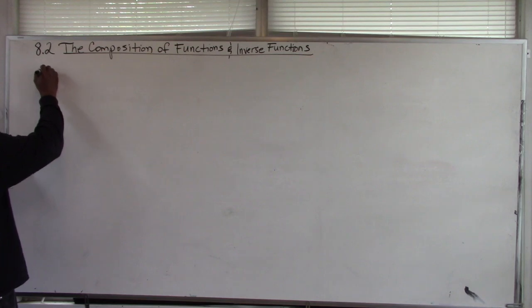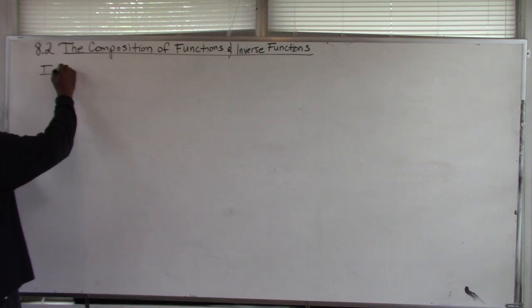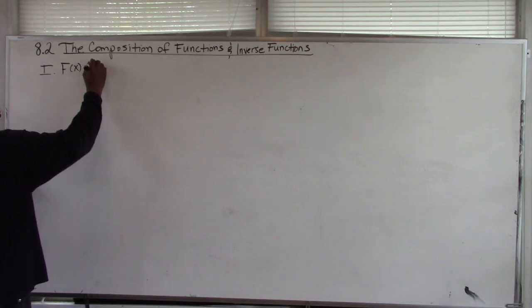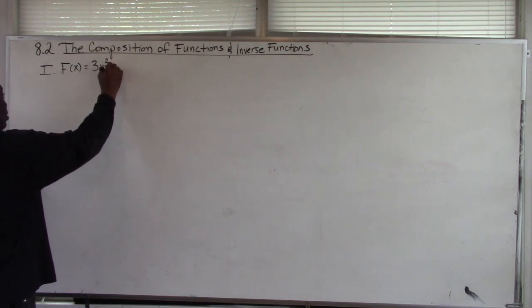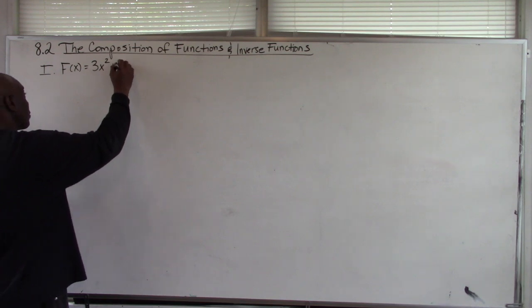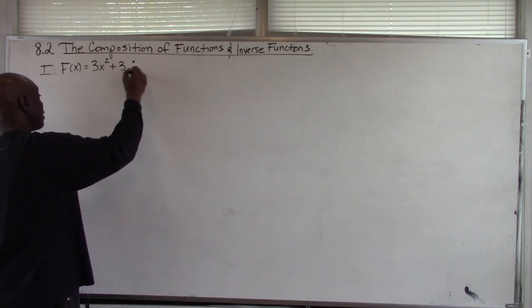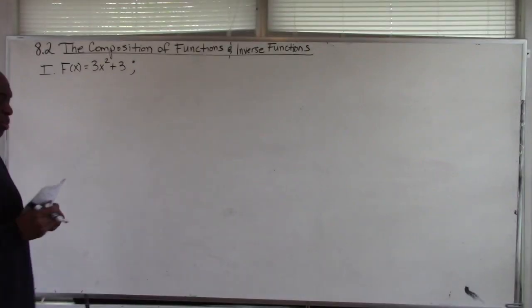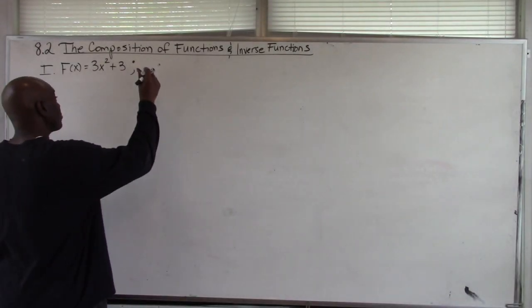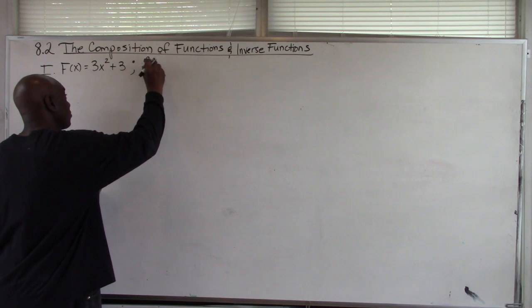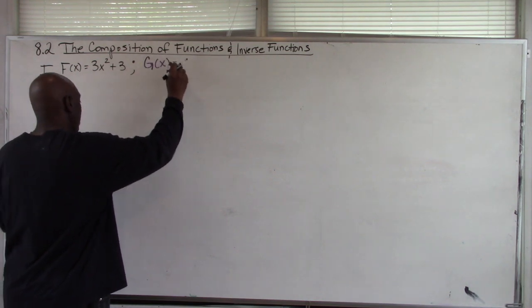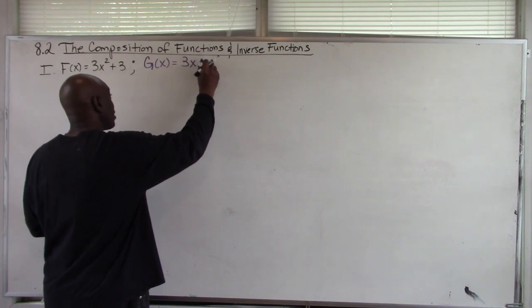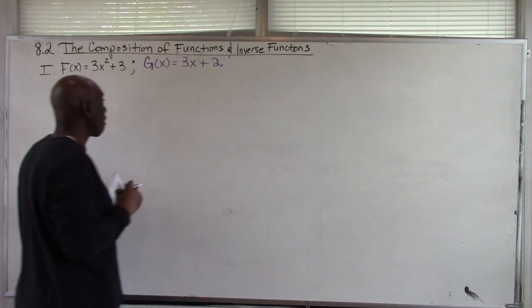First point. Let's say we have f of x, and it equals 3x squared plus 3. And then let's say we have g of x, which is 3x plus 2.